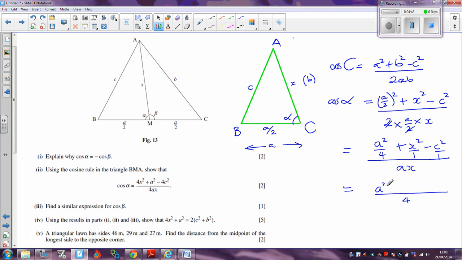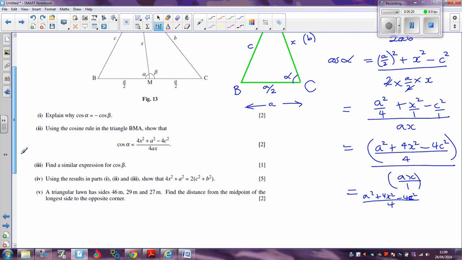The a squared doesn't change. Multiplying by 4 gives 4x squared, and minus 4c squared, all divided by ax. So I'm doing a squared plus 4x squared minus 4c squared over 4.